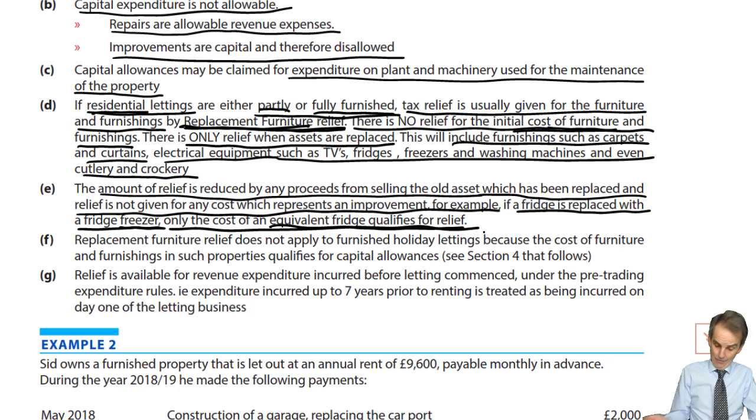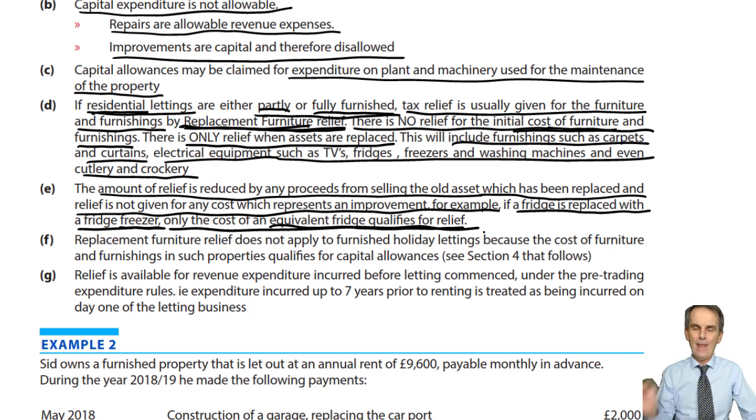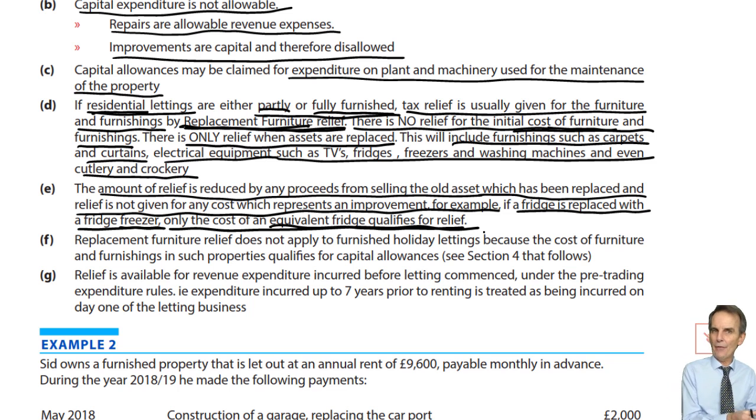They're going to have to tell you, those words will be used, that an equivalent fridge, cooker, TV, washing machine, whatever it might be, would have cost this. That's the figure you use. So in my example, where we had bought this fridge freezer for £500, and the equivalent fridge, so that which we had just sold, the original one, would have cost £440, we're going to use the £440 instead of the 500.